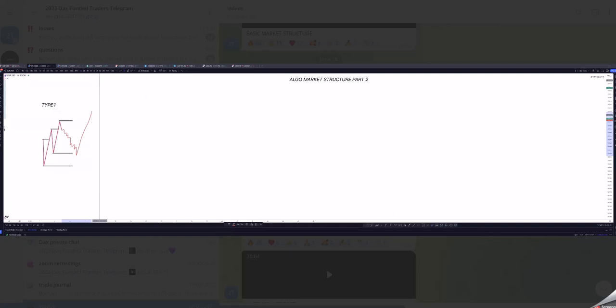Now for type 2, price will do something like this. Please take note. Before price breaks this structure here, price will create a low, then break the high.